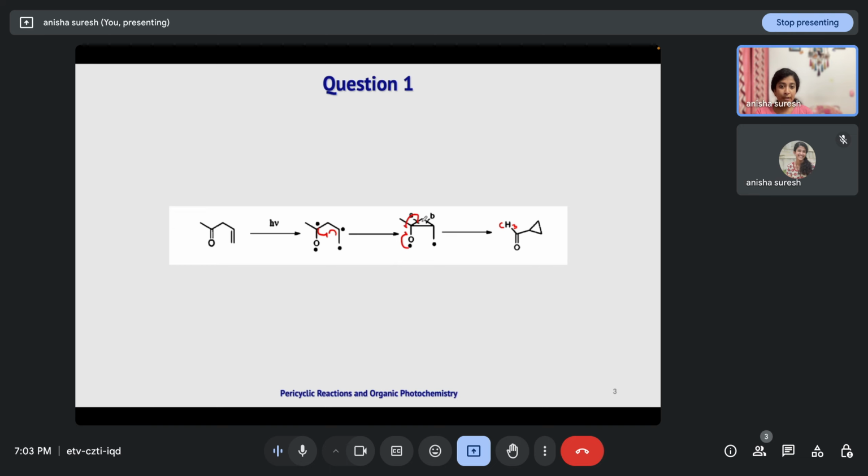Once the A bond is breaking, a radical will be forming, as you can see here. Once it recombines, it will result in the formation of this cyclopropyl ketone. Okay, is it clear?